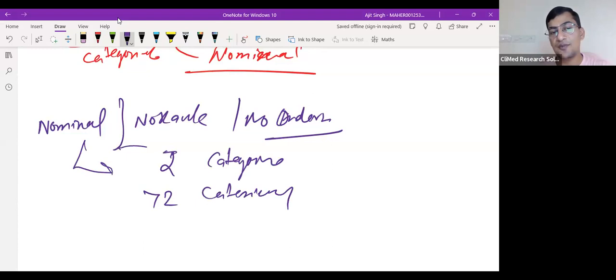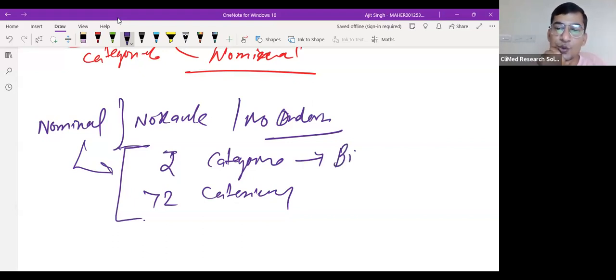So if there are only 2 categories, then this type of data is called what, guys? Tell me. What type of data is it called when there are two categories in nominal?